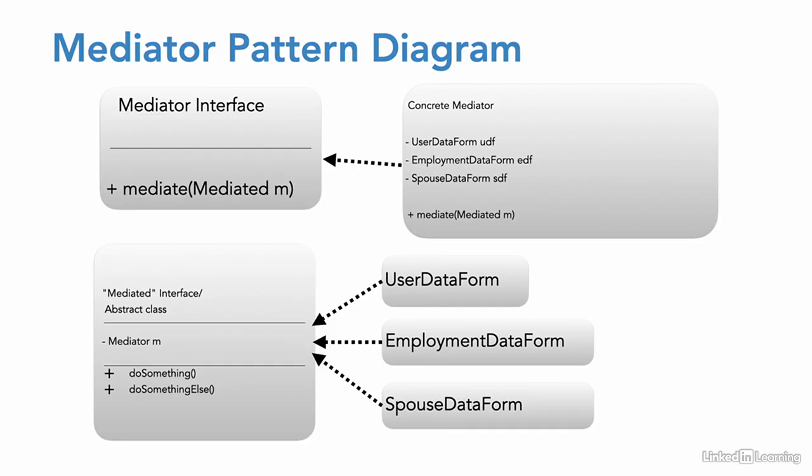And this concrete mediator will usually contain all of the classes that it mediates between as member variables. So if we have a user data form, an employment data form, and a spouse data form, the container, right, the mediator for those elements is going to contain an instance of each one of those as a member variable.